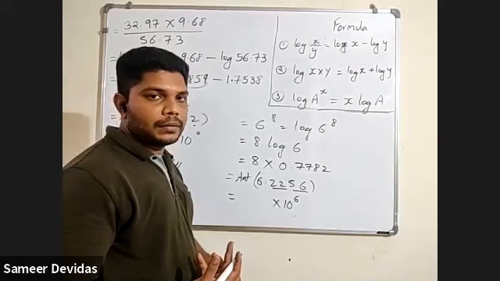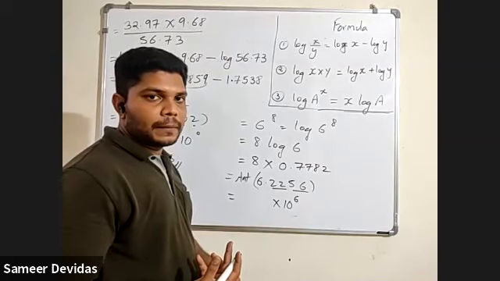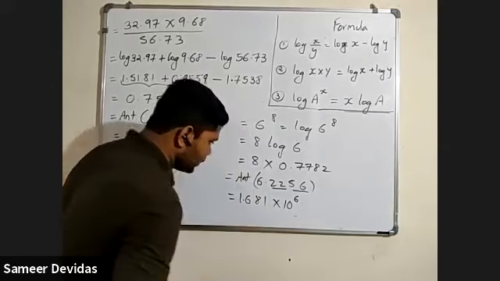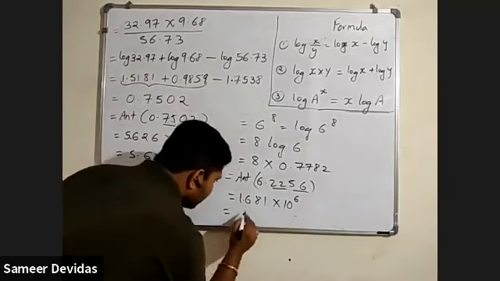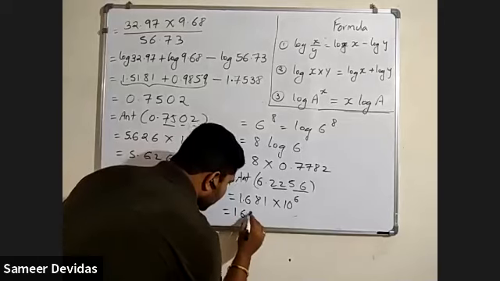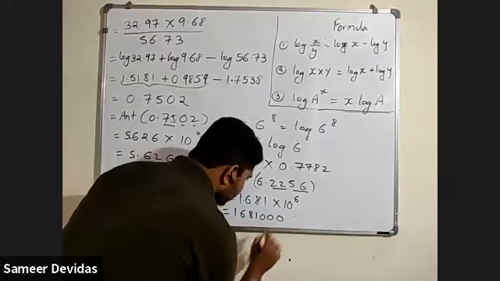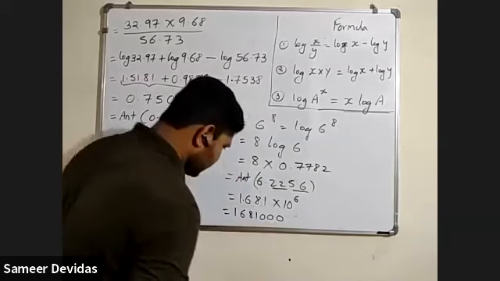Anyone? 1681. 1681, and we are putting the decimal at this particular place. Okay, so that means 1681000. Suppose we are shifting that.